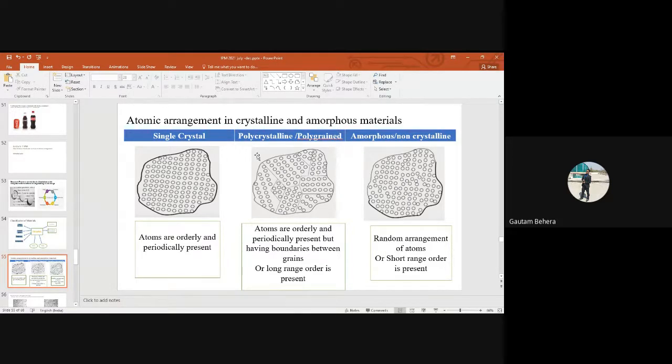So you can understand why poly means many, crystals means many crystals. Polygrain: poly means many, grain means many grains. If many grains are present in a single material, then obviously there will be a grain boundary, right? Because each grain has a particular orientation. Why do they have a particular orientation? Because atoms are arranged in a particular orientation, right? So where they meet, that becomes the grain boundary.